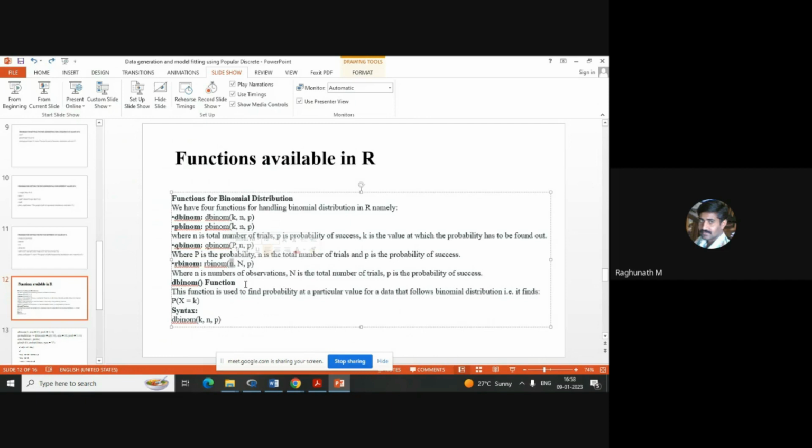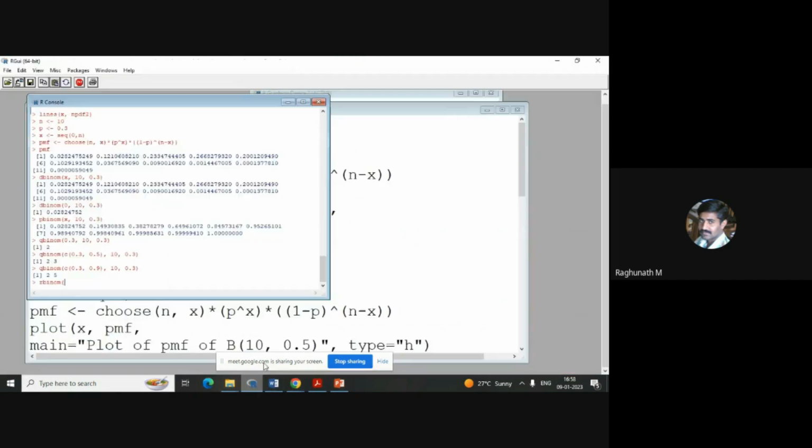So the first argument is how many observations I have to generate. Suppose I want to generate 5 observations from the same distribution, that is n equal to 10 and p equal to 0.3, I will get 5 observations from it.